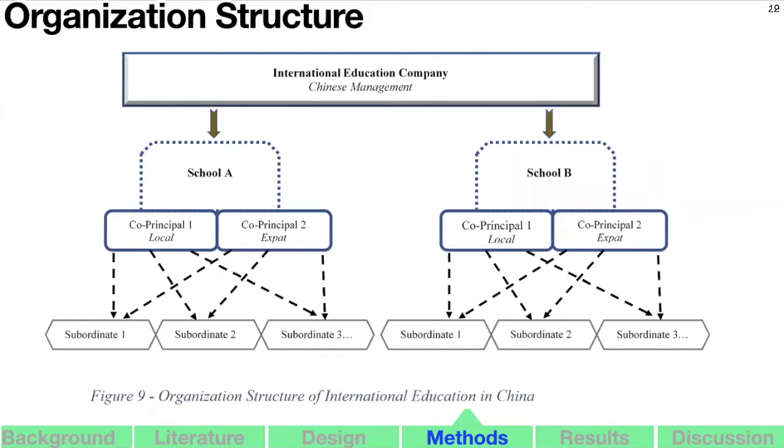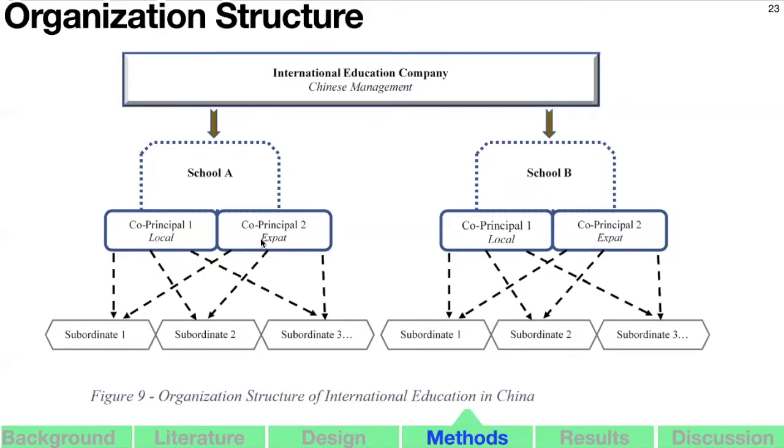Interestingly, almost all international education organizations in China have this structure you find here. At the top, there is an international education management company which opens schools in different parts of China, in different cities.